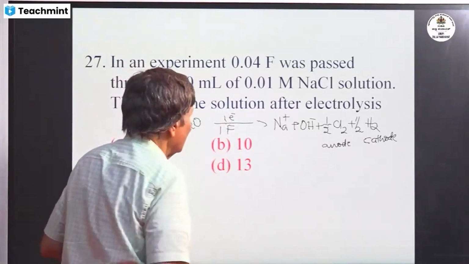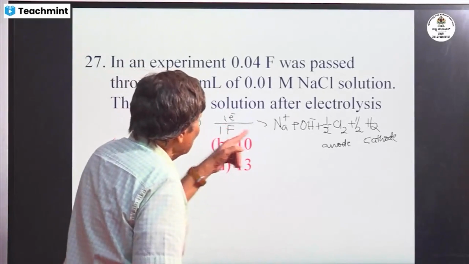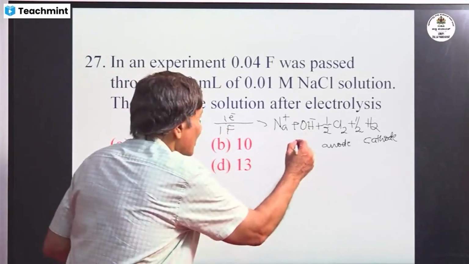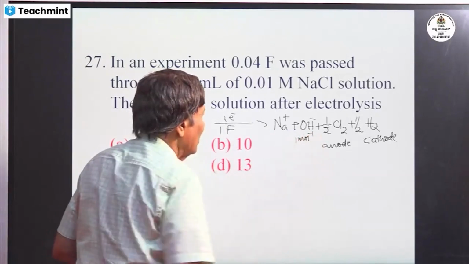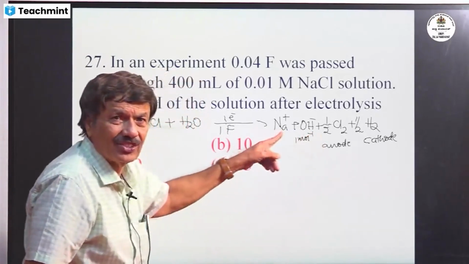1 Faraday gives 1 mole of OH minus ion. For pH, what we want is this OH minus.